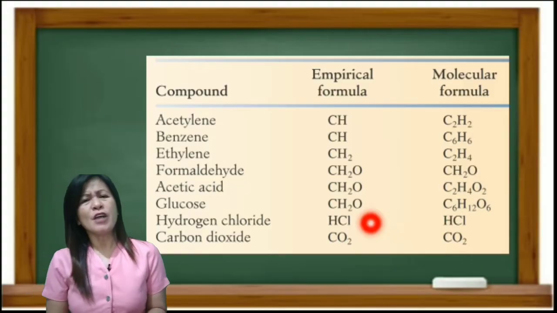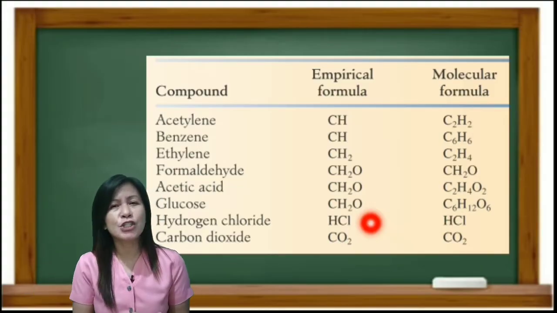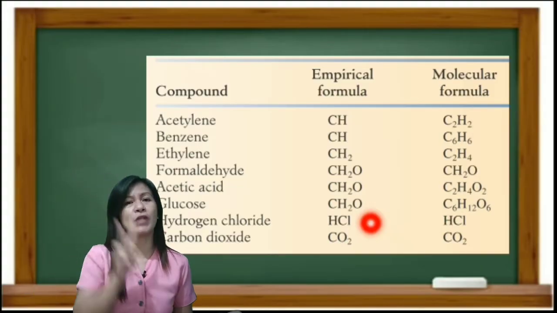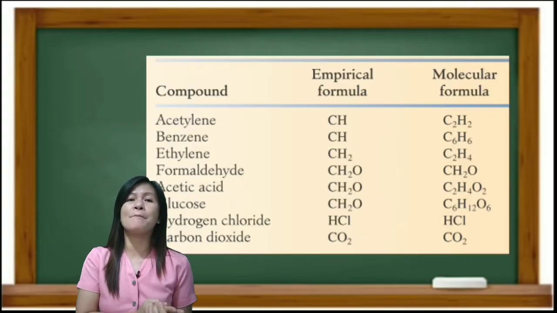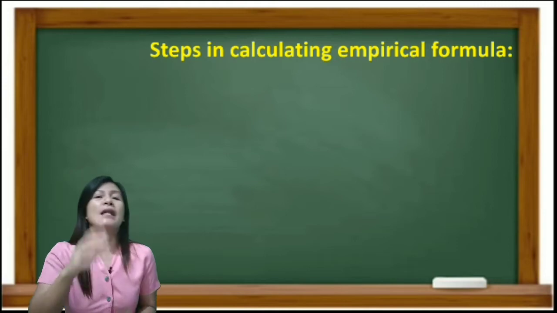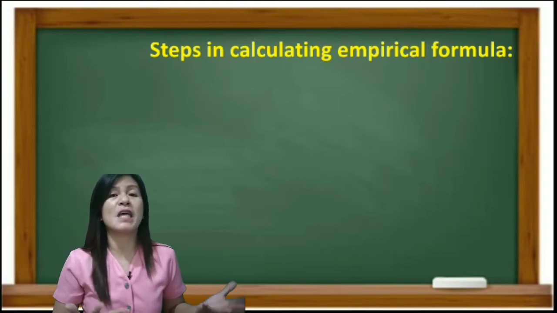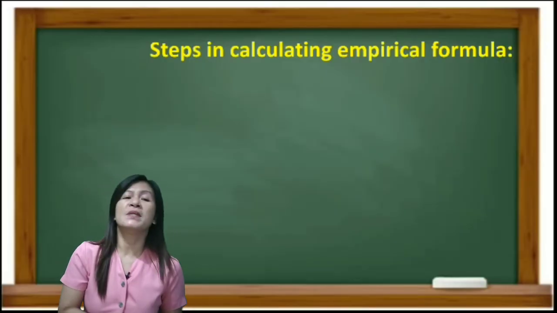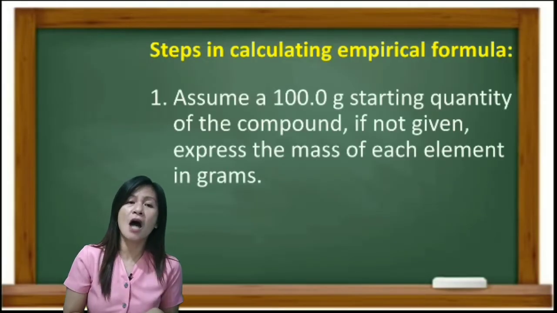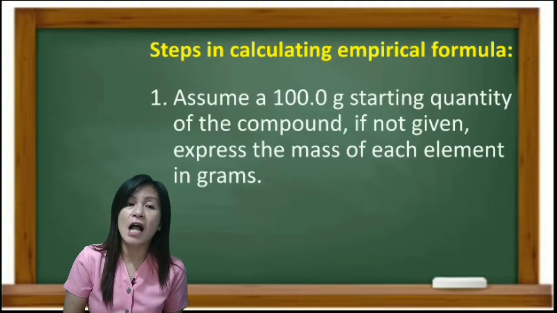If determining the percent composition earlier has 2 steps, in calculating the empirical formula of a compound, we have 4 steps. Let me give first the steps and then apply them later in examples. Step number 1 is to assume a 100-gram starting material of the compound.